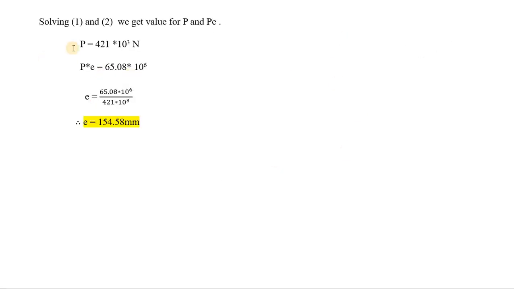So P equals 421 into 10 power 3 Newton, and this is the first value we get after solving the equations. The second value is PE equal to 65.08 into 10 power 6.